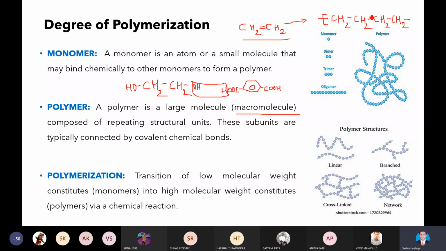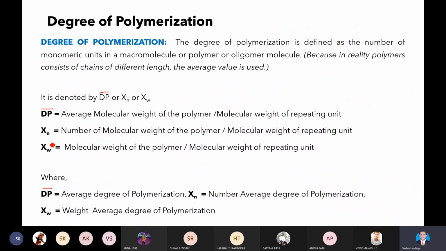In this case, this is our repeating unit, CS2 CS2 CN. Suppose here we got 1000 of them. Then you have to calculate the molecular weight of these 1000 repeating units divided by the molecular weight of this repeating unit, which is denoted by Xw.